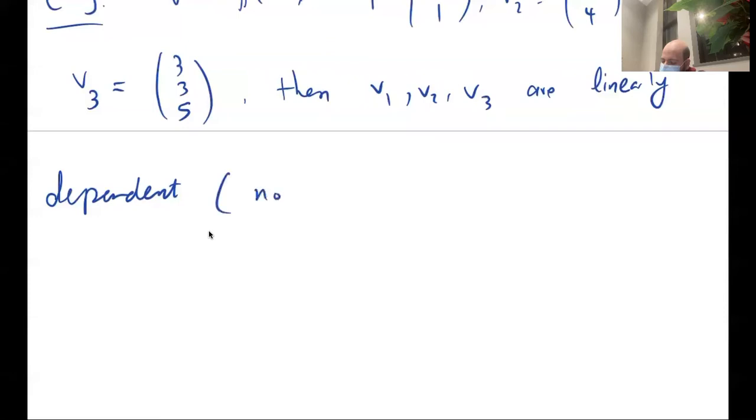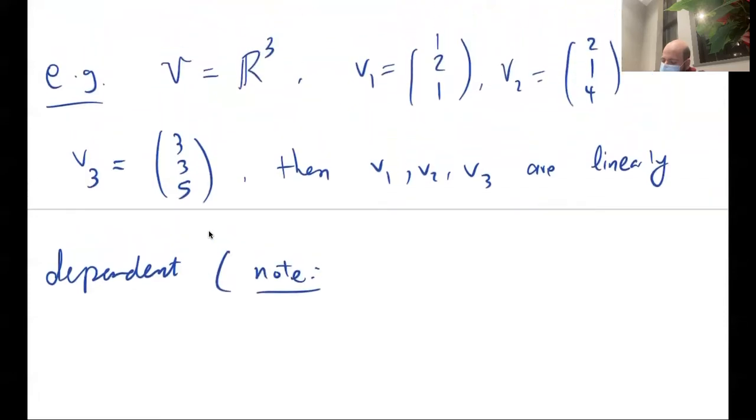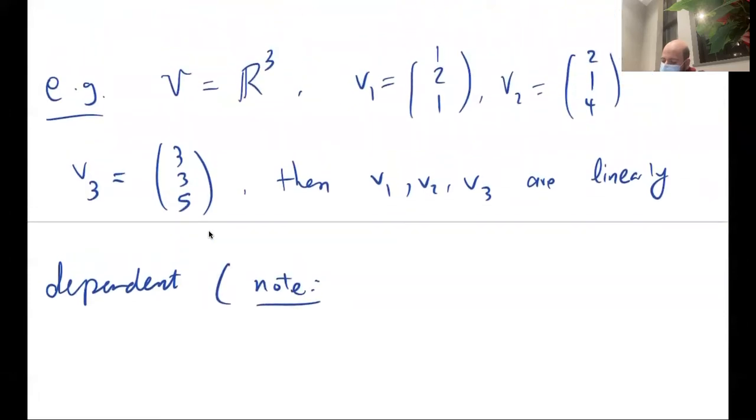So note that. I want to guess some C1, C2, C3 where C1 V1 plus C2 V2 plus C3 V3 becomes 0. Let's add V1 and V2. V1 is (1, 2, 1) plus V2, which is (2, 1, 4). If I add, I get (3, 3, 5).